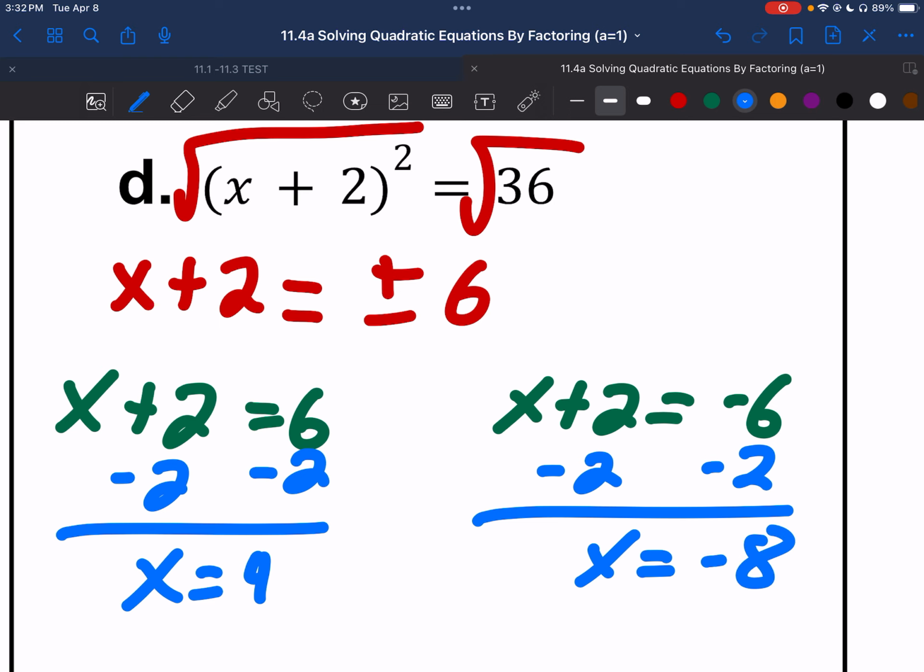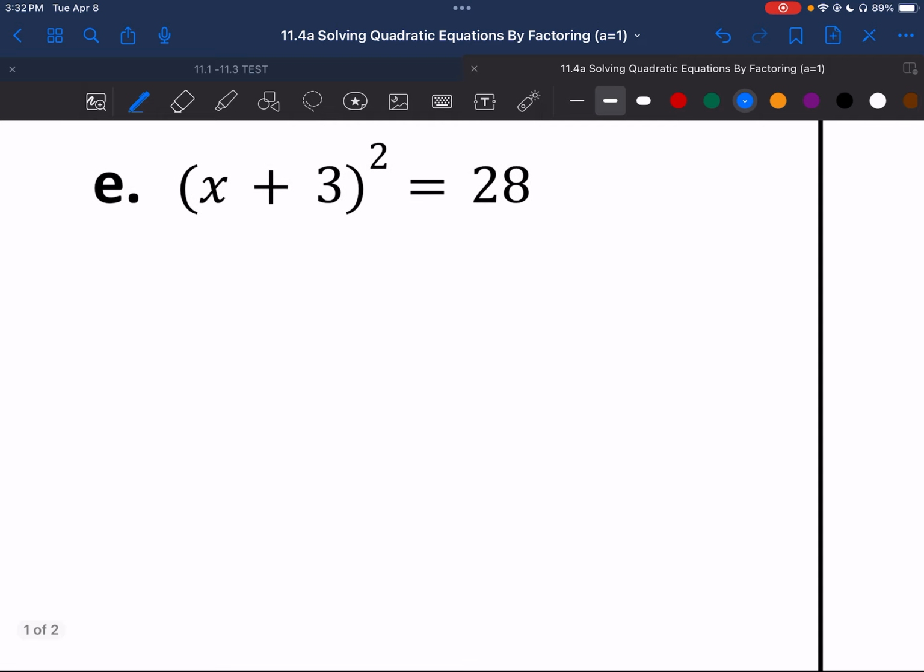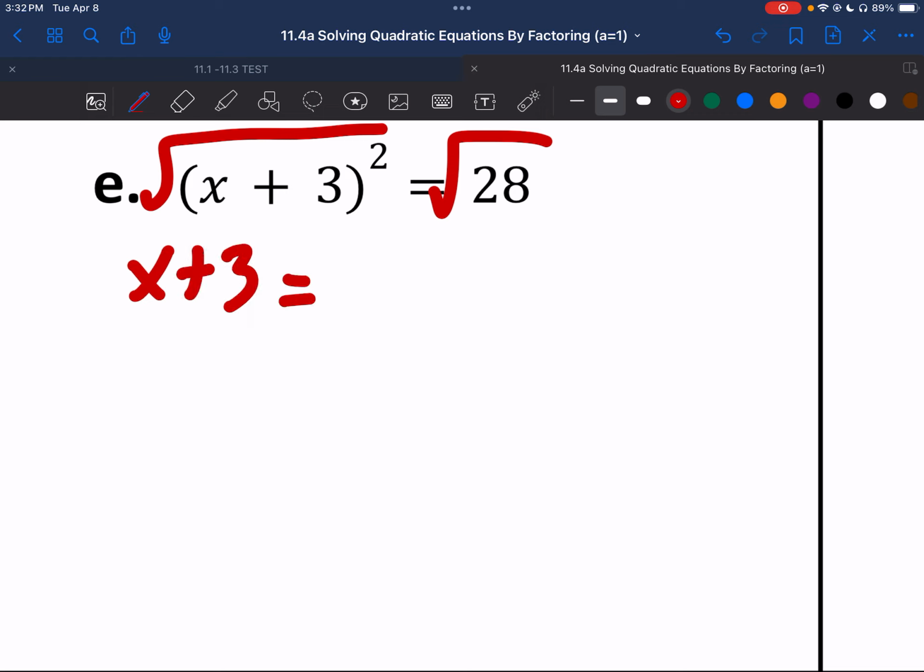Letter E. We take the square root of both sides. We get x plus 3 equals the square root of 28. Well, we're going to have to round that to 5.29, which is plus or minus. And now we split that.